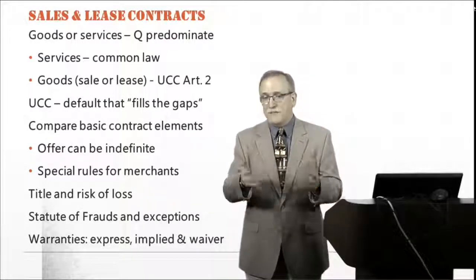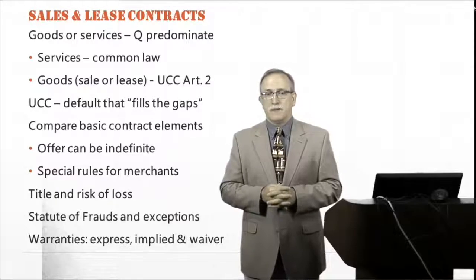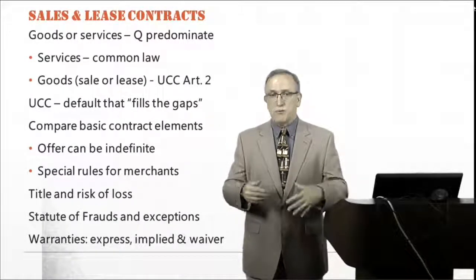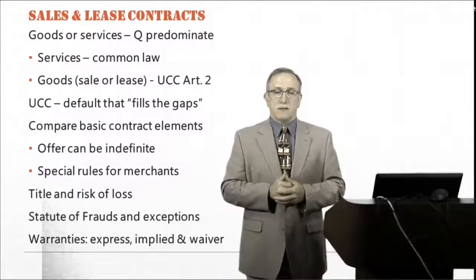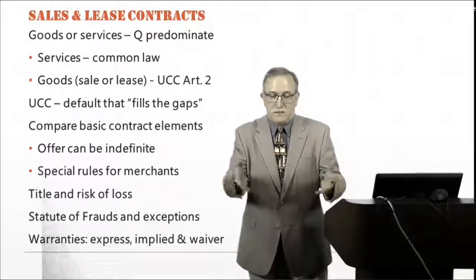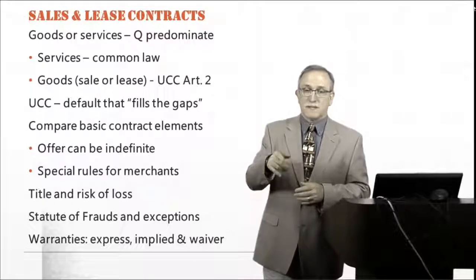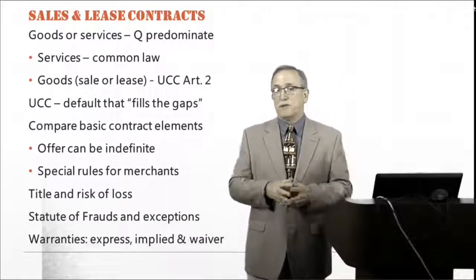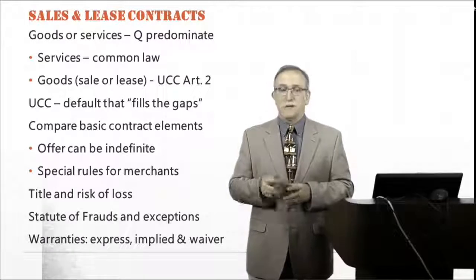Like when you buy food at a fast food place, the assumption is that it's merchantable. You're buying it from a merchant. The assumption is that it's acceptable, and if you get sick from eating that food, that's a breach of what's called the implied warranty of merchantability. You can sue on that.